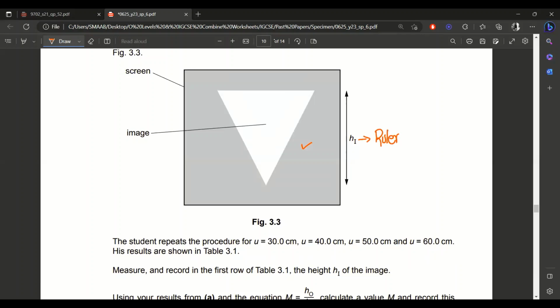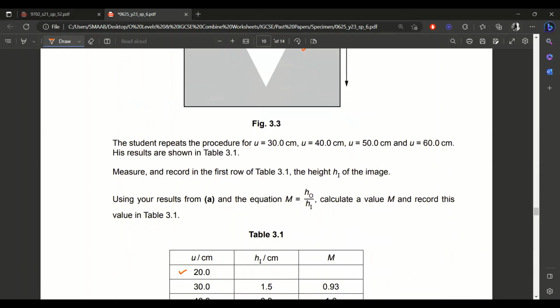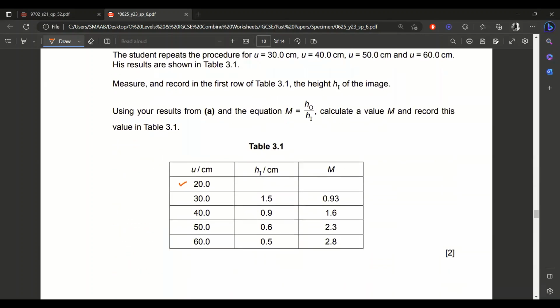If I again use the ruler, it is around 4.5. You may also check with the ruler if you have one with you. So you just record the reading from the screen just for a rough estimation. So I'm getting 4.5 from this diagram.